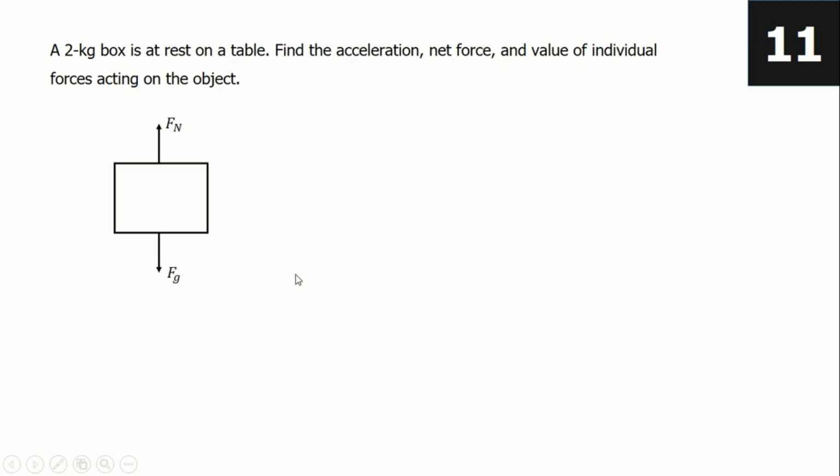So these are my only forces acting on the object. You can easily find the gravitational force since that's only mass times acceleration due to gravity. Your mass is 2 kilogram and you multiply that by acceleration due to gravity on Earth, so 9.8 meter per second squared. Your weight or your F sub g or your gravitational force is 49 newtons.